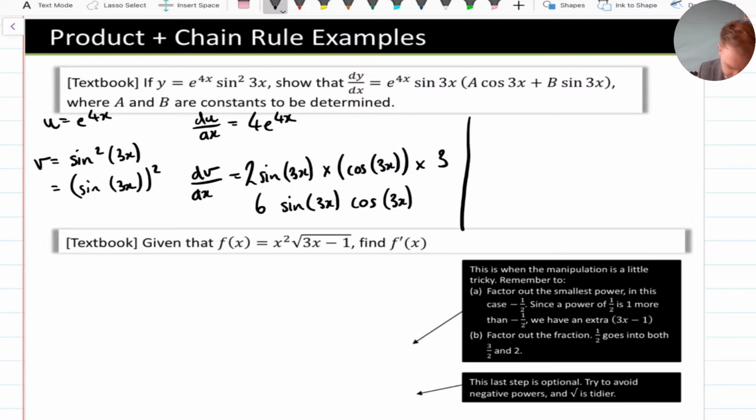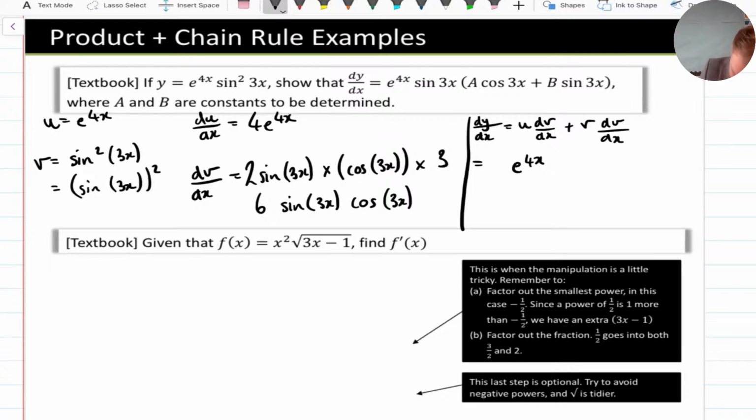Not finished yet. Remember, you need to sub it in. dy by dx is equal to u dv by dx plus v du by dx, which is equal to, now u is equal to e to the 4x times v, which is this horrible big one down here. Let's just move it over. I'm going to just do it all in one, so we don't have to write it out a few times.